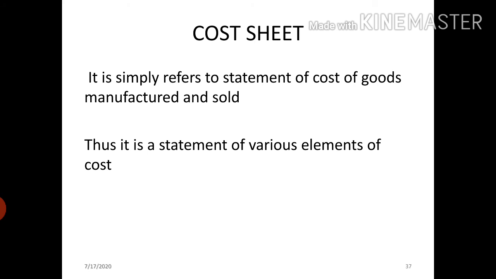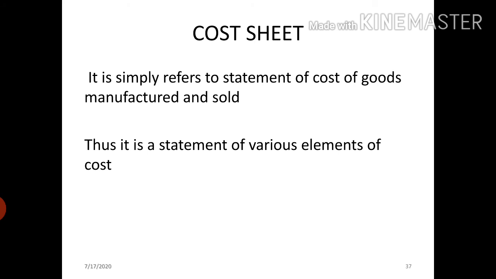That is, after the production process, we need to fix the selling price. For that purpose, we need to calculate the total cost involved in the production. After getting all the data, we need to record and classify it.